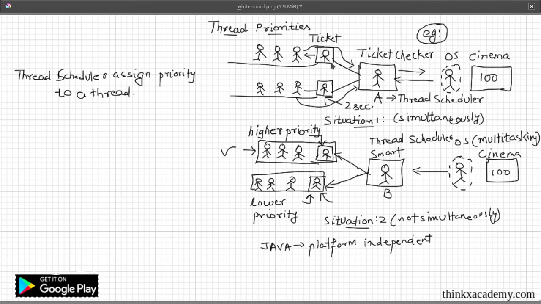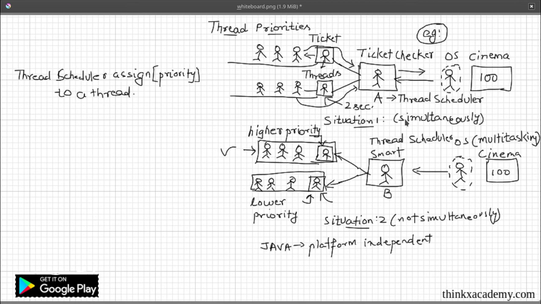Now here you can see these 2 people in these 2 counters. In both the situations, these people are actually threads. So what the thread scheduler does, he assigns a priority to a thread.